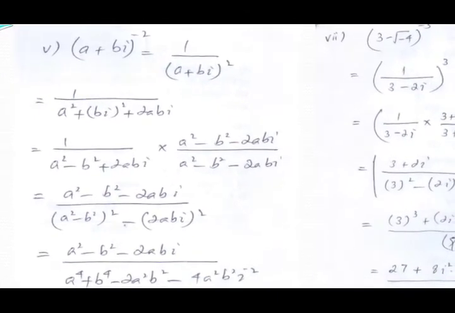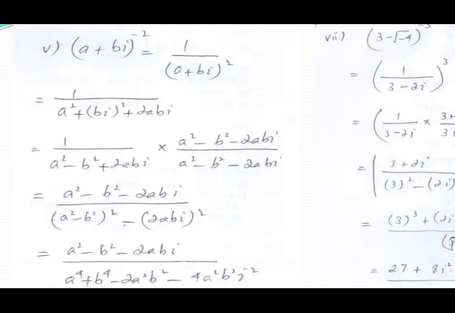Fifth part, we have a negative power of 2. Make it positive. We invert the value, 1 over a plus b iota, it becomes positive. Then take the square, and then we rationalize. And when we rationalize, we change the sign only of the iota value. Plus 2ab iota, and we rationalize with the value minus 2ab iota.